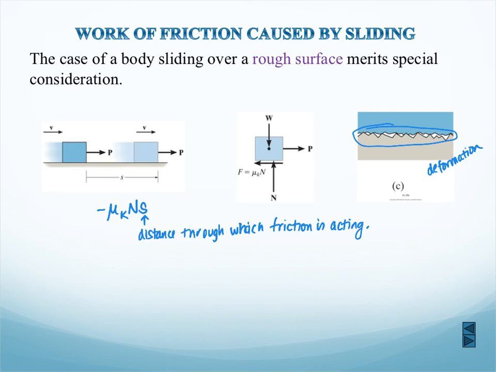So it actually is true that there's a distance s prime, and that's the distance that the friction acts through. And s prime is less than s. So you might ask, what happens to the distance s minus s prime? That is going to go to heat.